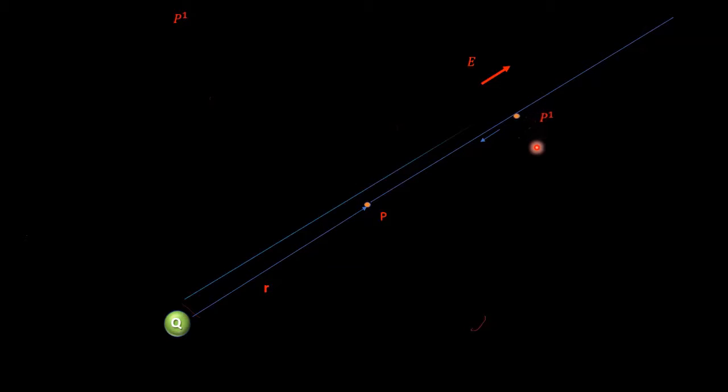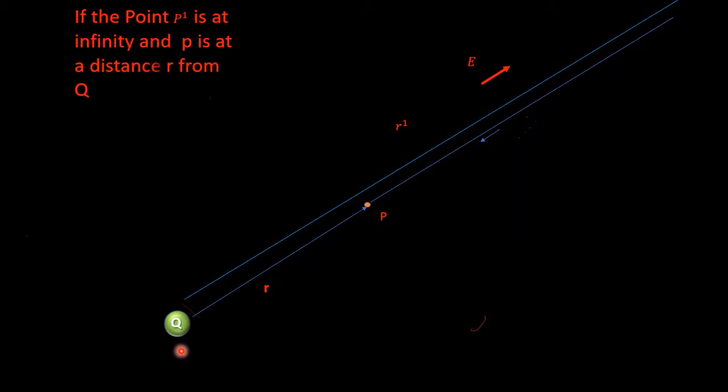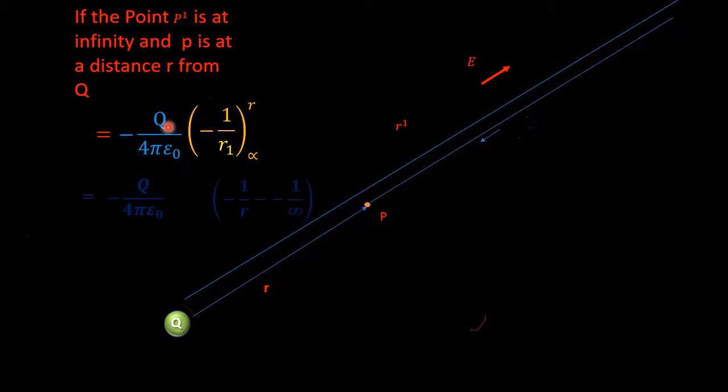Let us consider the point P dash to be at infinity and point P at a distance R from the charge Q. Therefore, we can write the equation like this: work done is equal to minus Q by 4 pi epsilon 0 into minus 1 by R1, with limits infinity to R. So substitute the values.